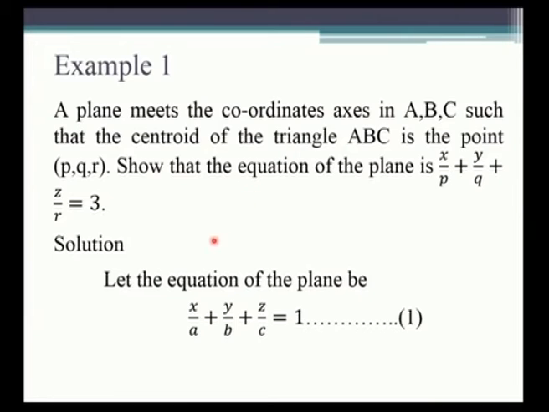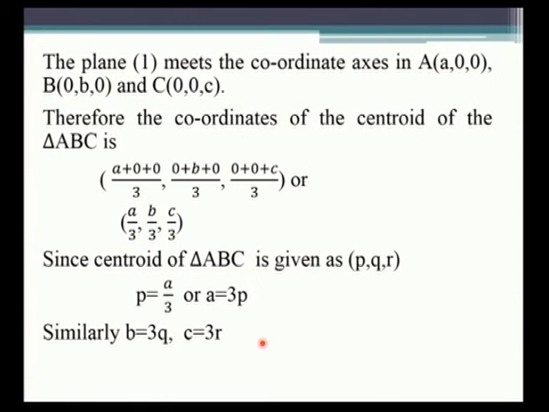This problem can be solved in the following way. First, let us take the equation of the plane as x by a plus y by b plus z by c is equal to 1. This is the general equation of the intercept form of a plane. First, you take that.